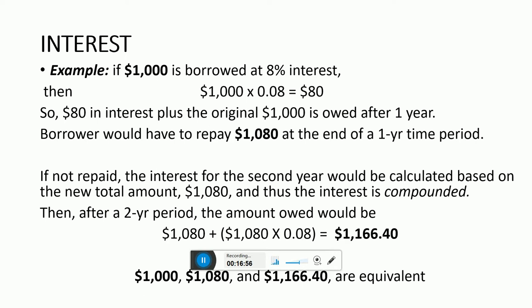So here we have to know that the concept of equivalence involves time and a specific rate of interest. At the beginning of the year, it was $1,000. With the interest and passing of 1 year, it has become $1080. So all these three amounts are equivalent but not equal, because the equivalence involves time and interest.